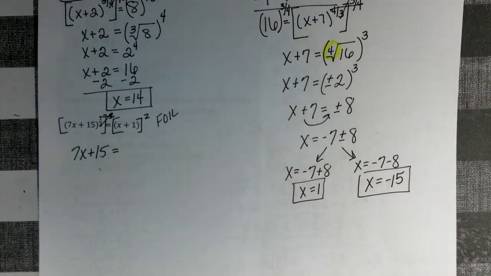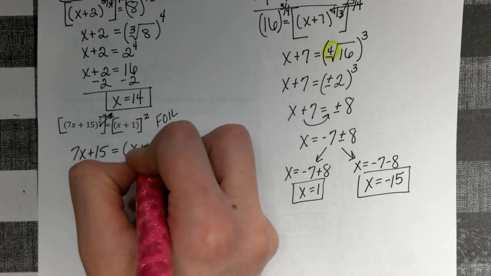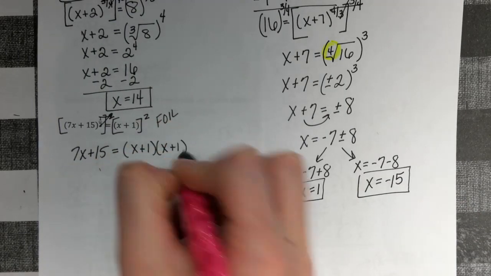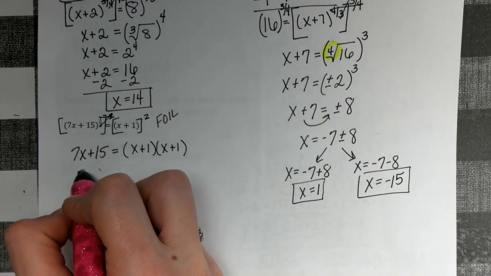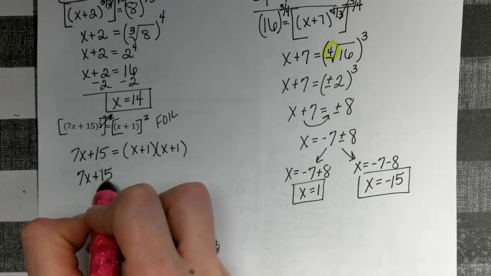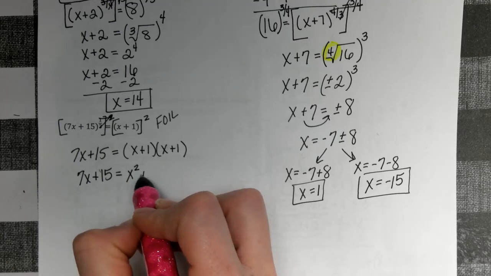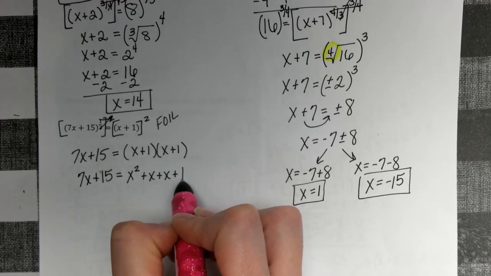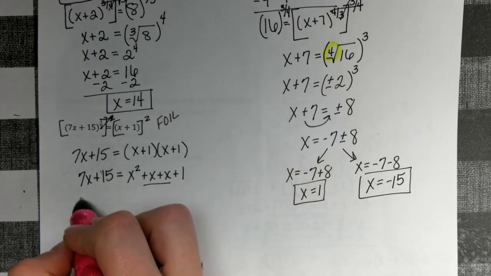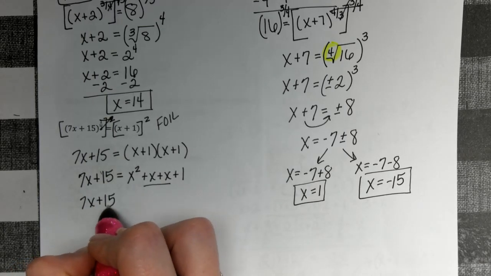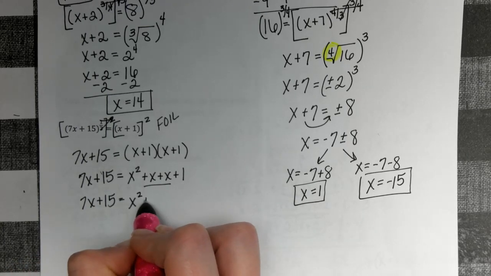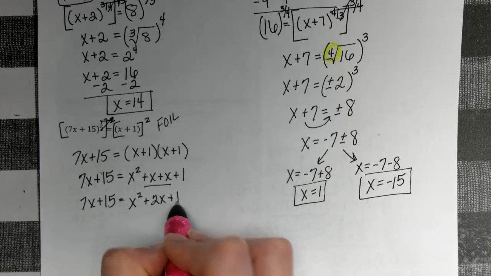Write it twice in FOIL. So x plus 1 times x plus 1. So 7x plus 15 equals what?